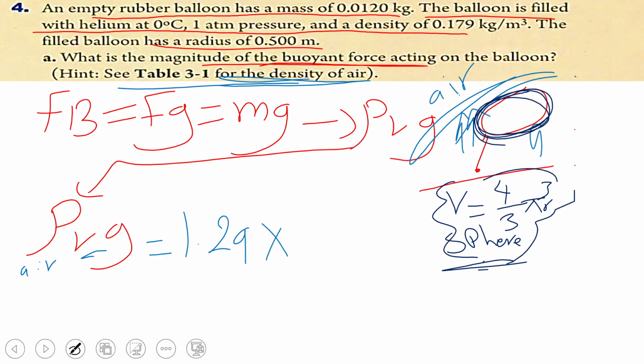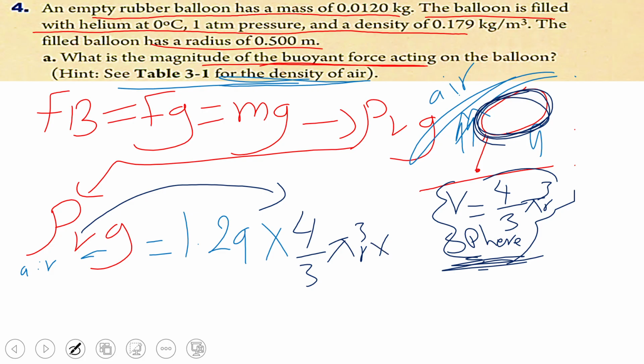Because the shape is different. The shape of the balloon is like a circle, like a sphere. We have to use this rule for a sphere. So instead of the volume, write this rule, 4/3 pi r power 3 times g.